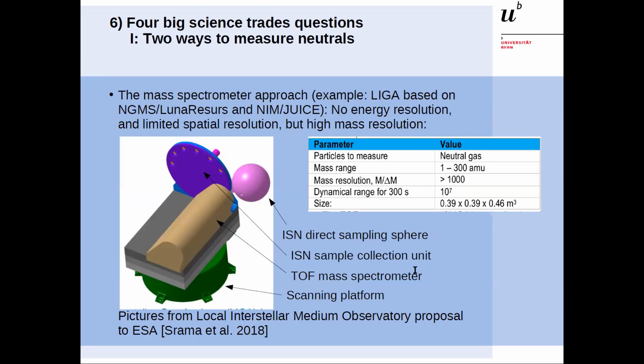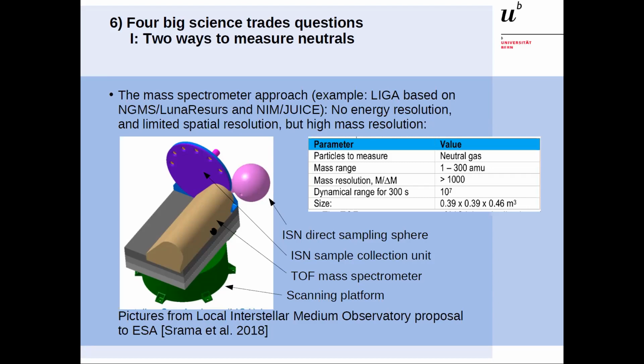I would say a completely different type of measurement is a neutral mass spectrometer. This image here shows a prototype. This was presented, I think, by Peter Wurz 1 or 2 years ago in the first or second Interstellar Probe workshop.